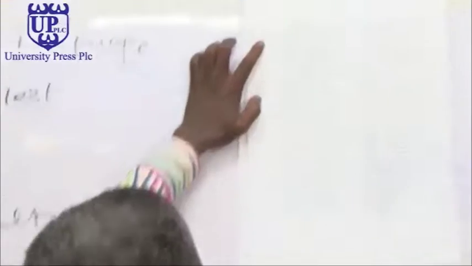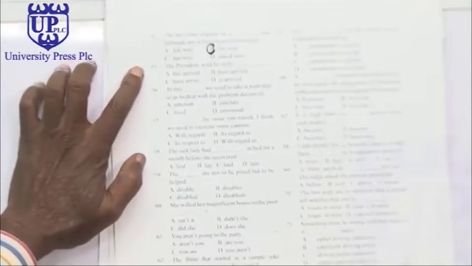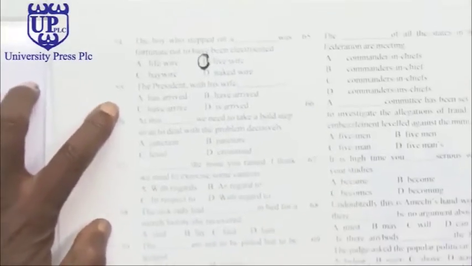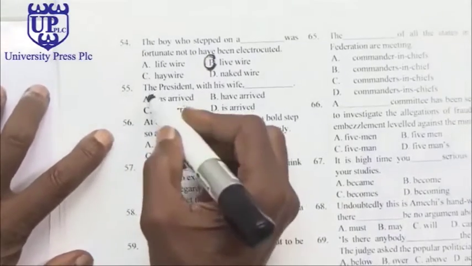We have done that before. So let's look at this one, number 55 now. The president with his wife has arrived.